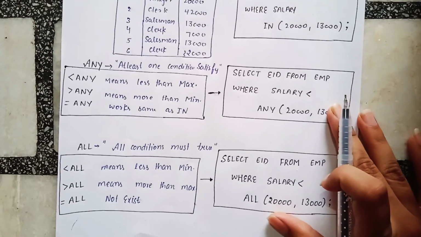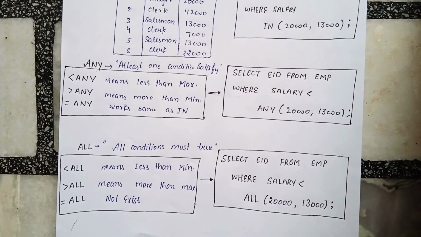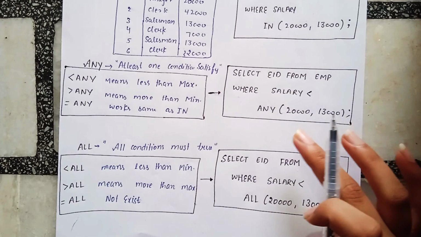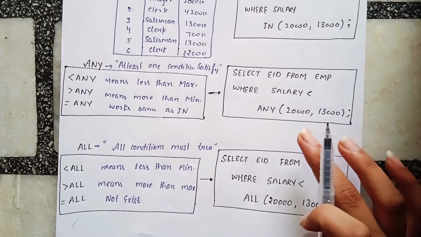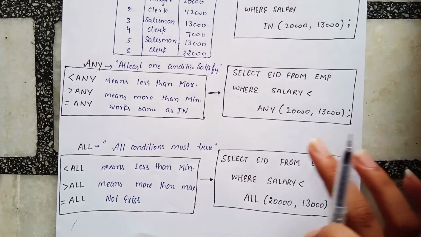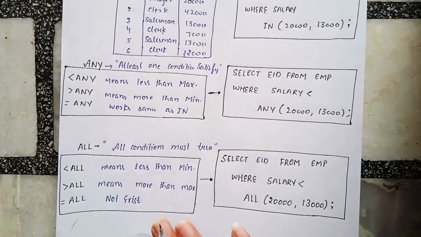Now if we talk about the ALL operator, it states that all the conditions must be true. The record must satisfy all the conditions. For this we use these three relational operators with ALL. If we use less than ALL, what does it indicate? We first find the minimum value. We want those records having salary less than all these values.